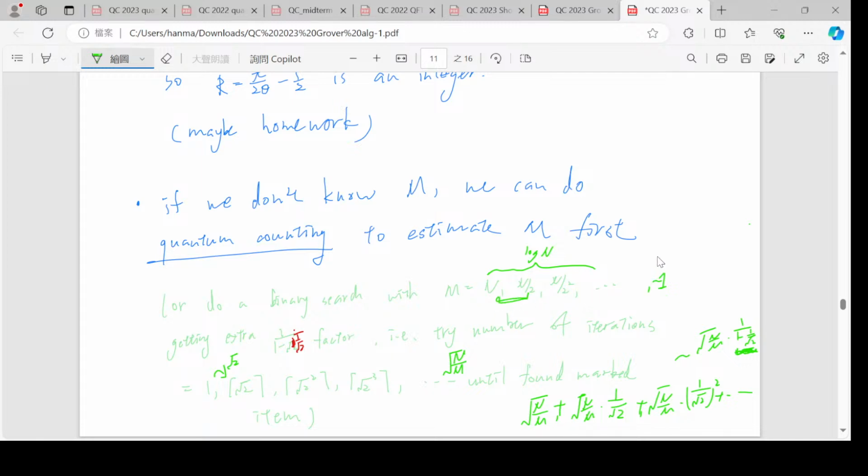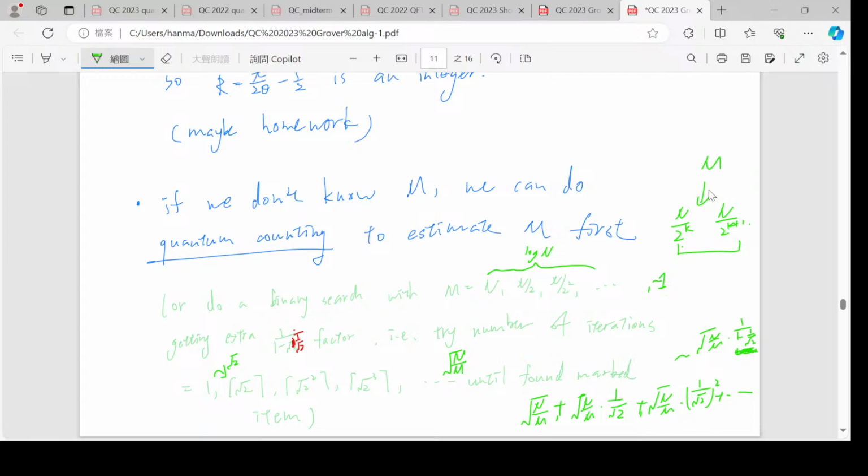But basically the idea is that your true m will be between two of those values, so there will be some n over 2 to the k and n over 2 to the k plus 1, and m will be close to those two numbers.